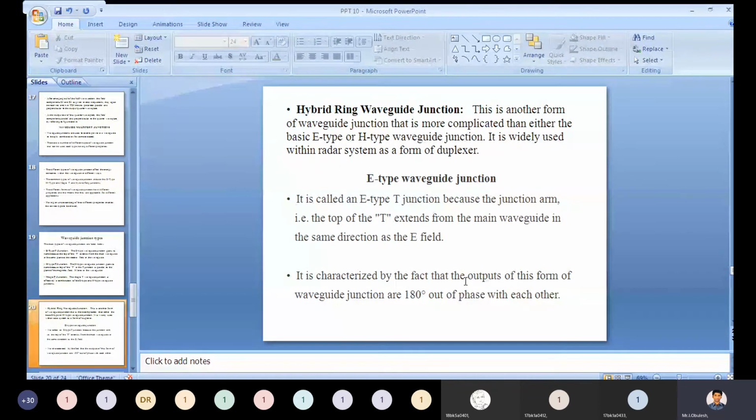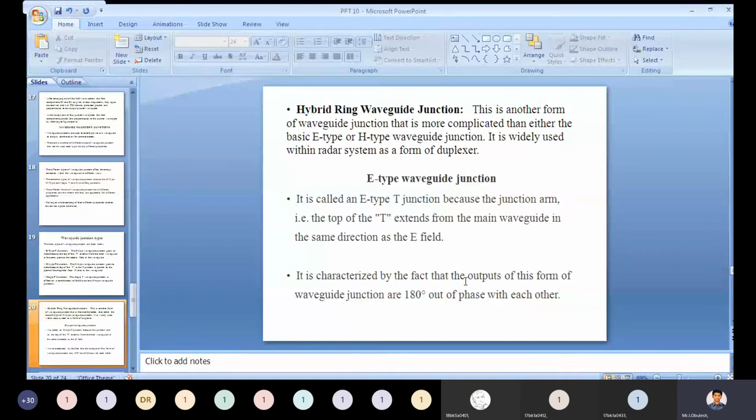Okay, coming to the first one, the E-type waveguide junction. It is called an E-type T junction because the junction arm, that is the top of the T, extends from the main waveguide in the same direction as the E field.